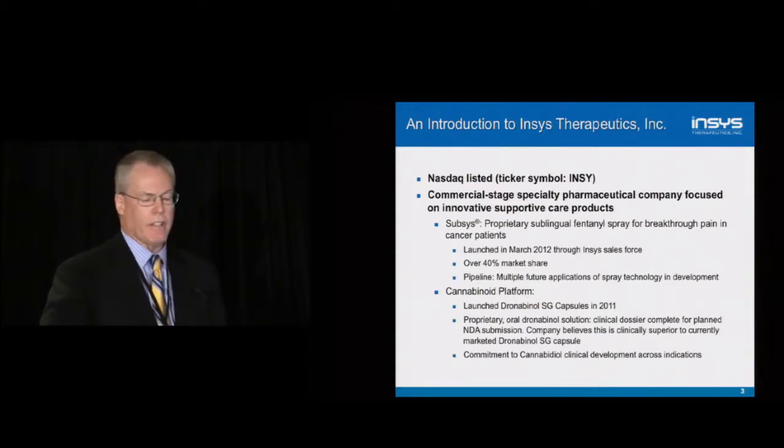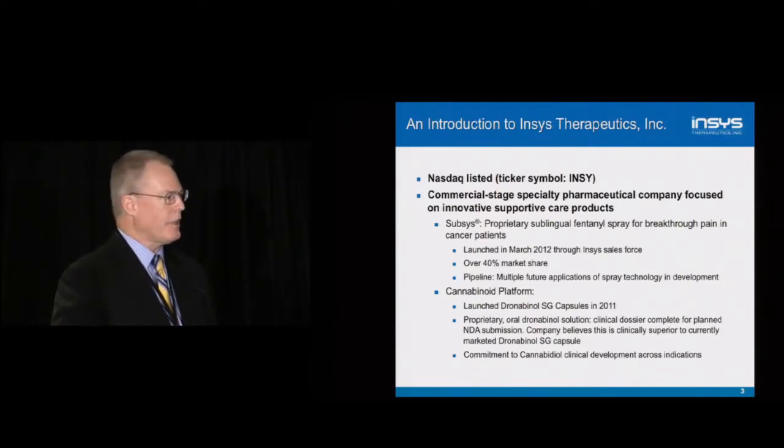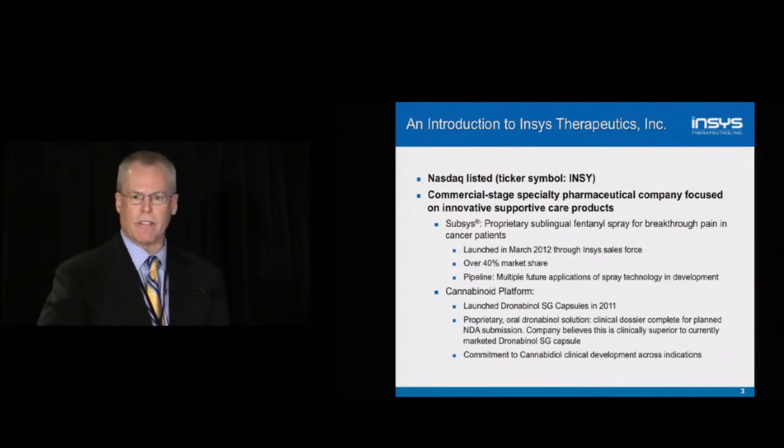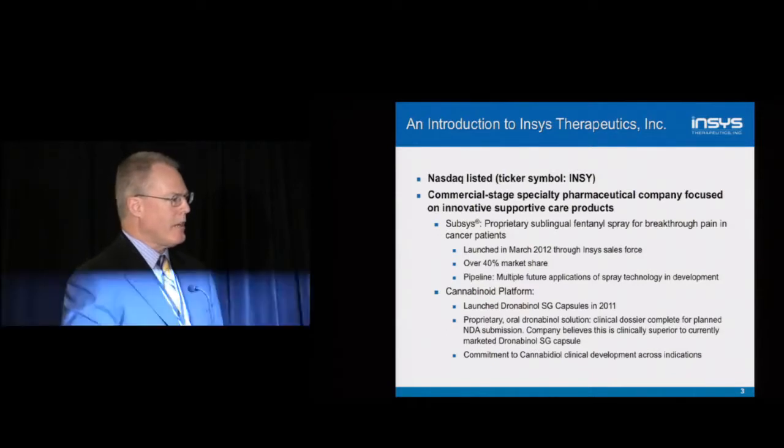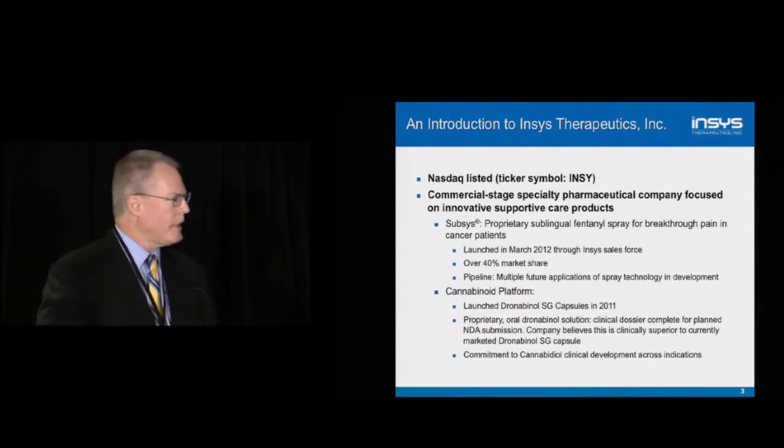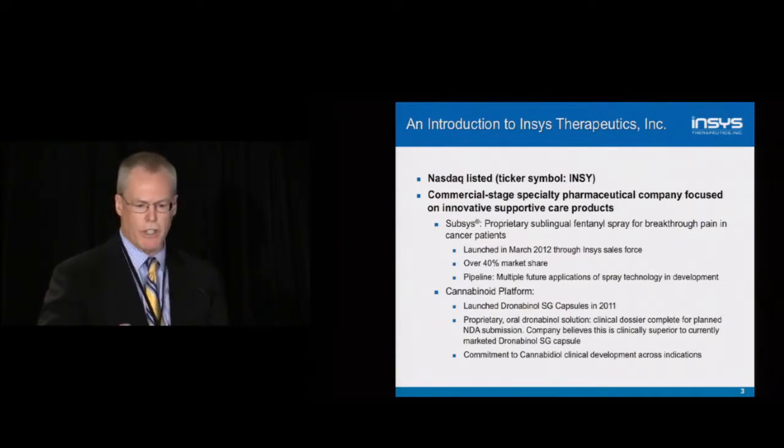We also have an extensive platform in cannabinoids. We have launched a generic product for Marinol called Dronabinol SG capsules, and that's a THC-based product. And we're in the process now of preparing to submit a license application for an oral formulation of Dronabinol, which again is the THC-based product. And then the company has a commitment to a cannabidiol development project.